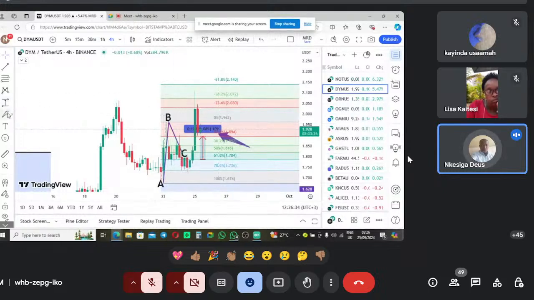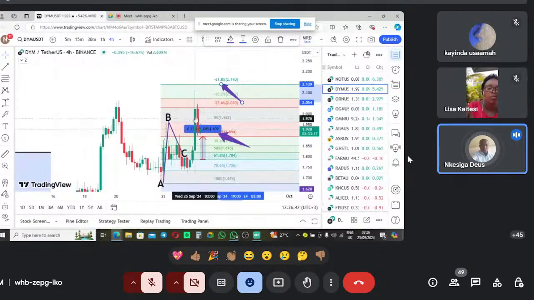but failing to complete the structure to touch the negative 61. And when we are in an uptrend, we expect that when the market closes above zero, it will touch the negative 61. At times, it can retrace from 23, or it can retrace from 0.